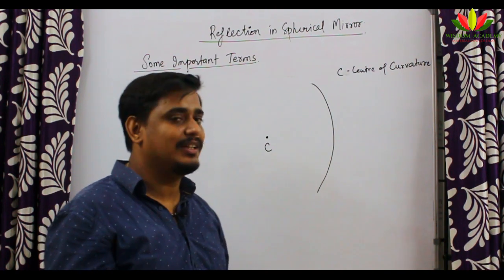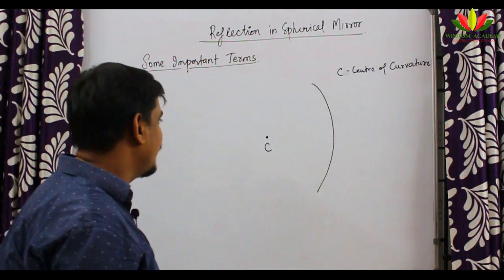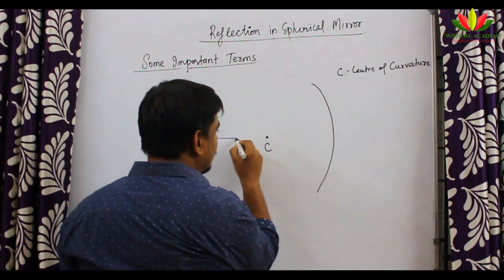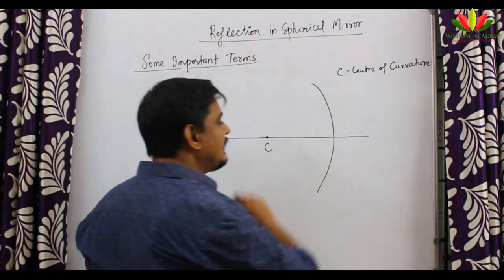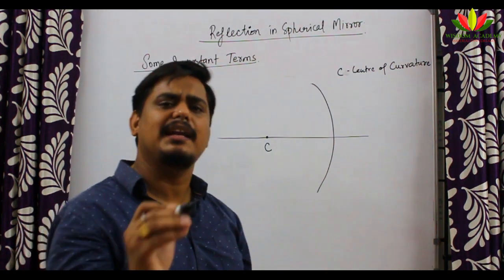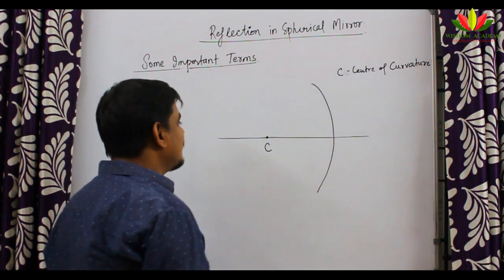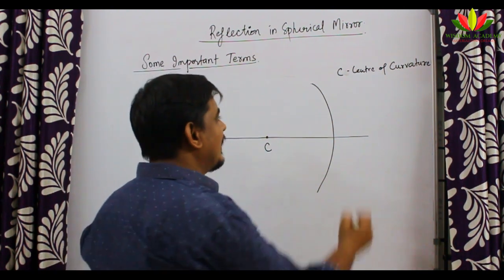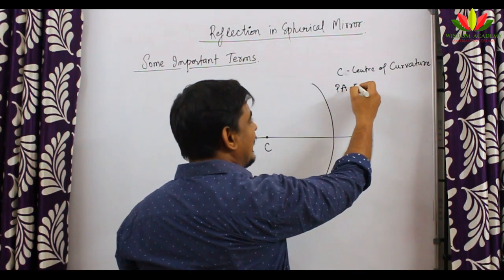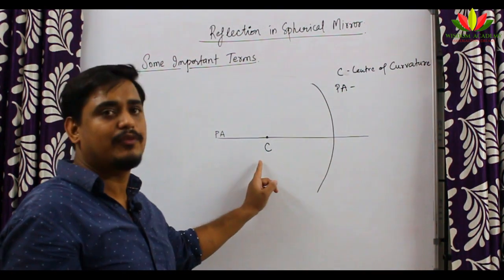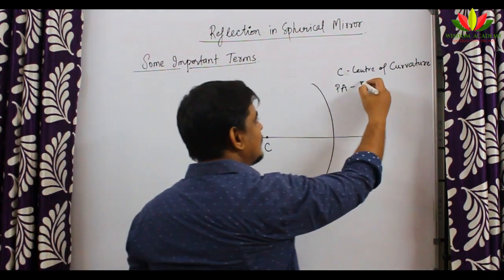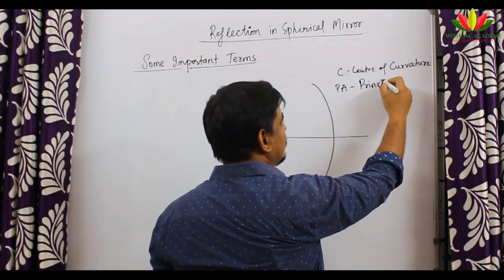If there is a line passing through the center of curvature and cutting the spherical mirror at a particular point, this line is known as the principal axis. It is the line joining the center of curvature and intersecting the mirror at one point.